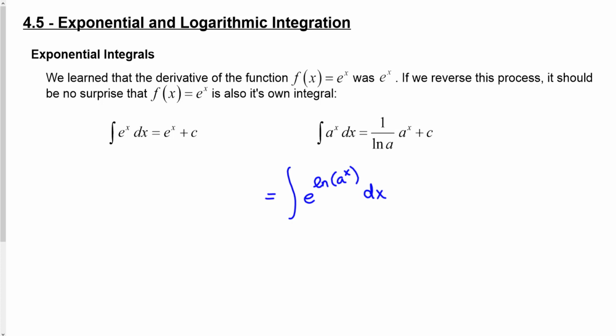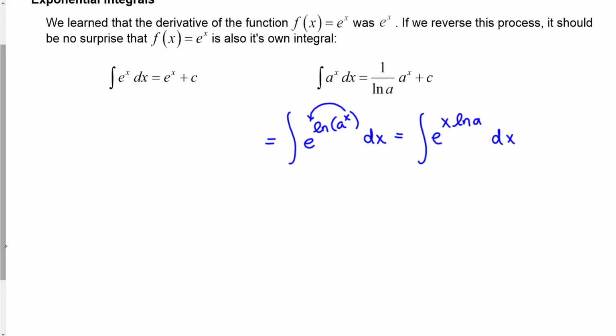And if I did that, then using properties of logarithms, this x can come out as a constant multiplier, and I can make this the integral of e to the x natural log a dx, which is almost able to be integrated, but I might need to use some substitution.